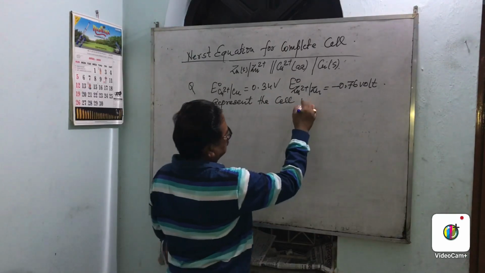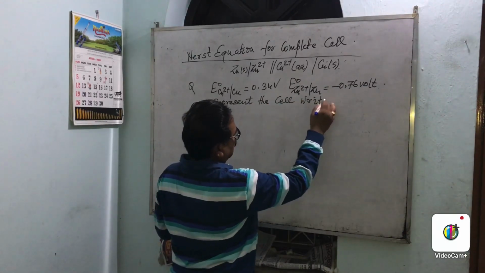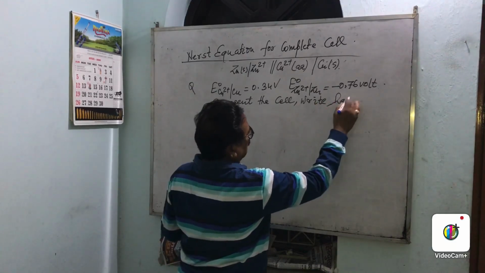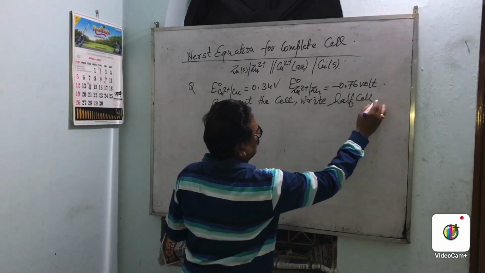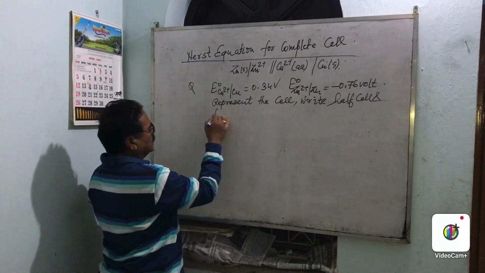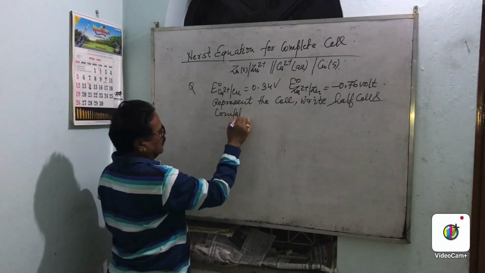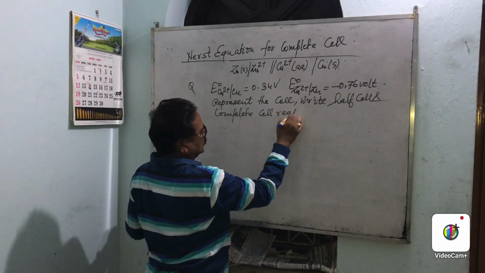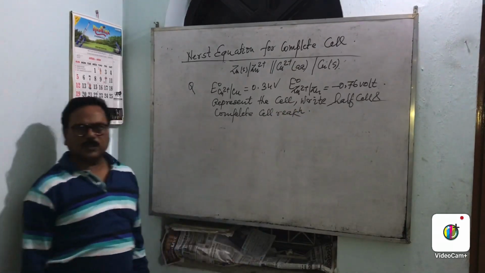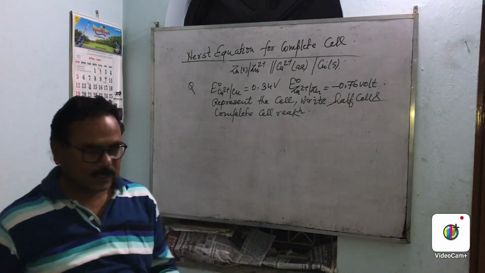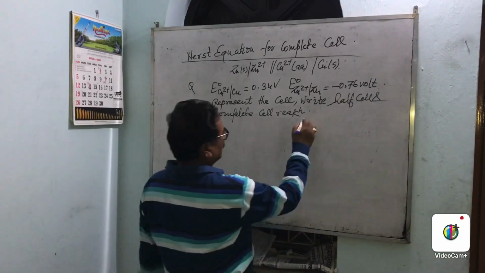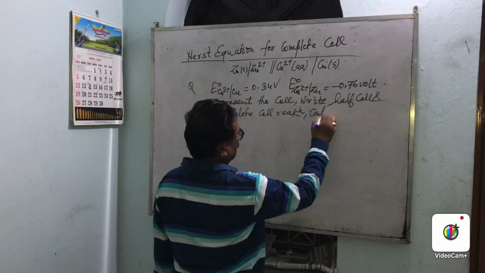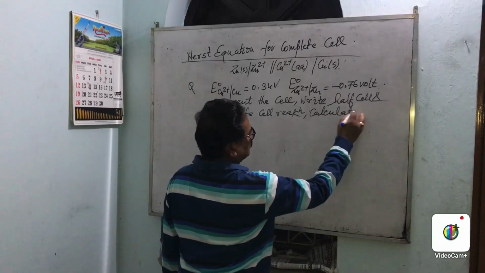Write the half cell and complete cell reaction. Then calculate E cell.